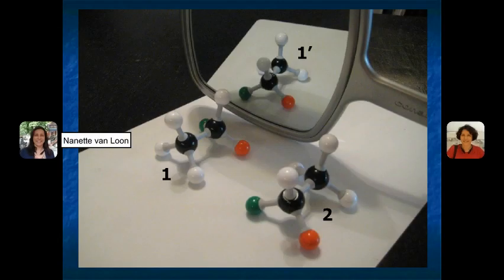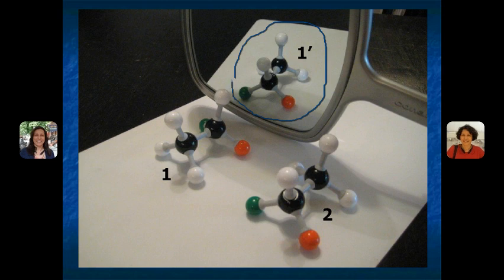So now we rotated molecule number 2. And if we compare, we see that molecule number 1 and number 2 are an enantiomeric pair, and you cannot superimpose 1 on 2. However you rotate 1 or 2, either the green and the orange are in opposite directions or they are on the opposite side of the molecule. But if you compare 1 prime with 2 now, you see that everything is the same, right?